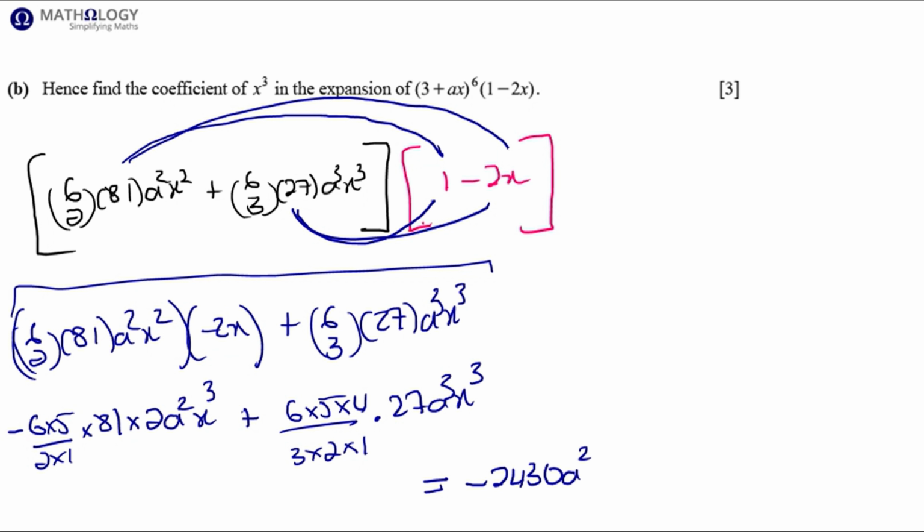2430 a squared x cubed plus 540 a cubed x cubed.